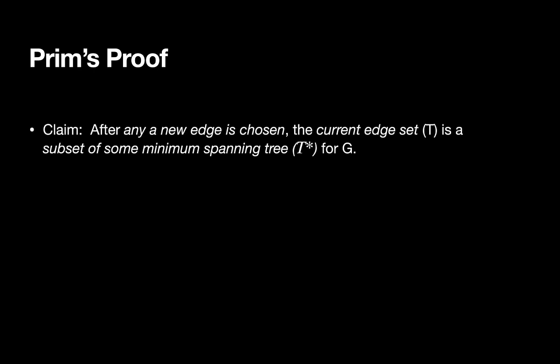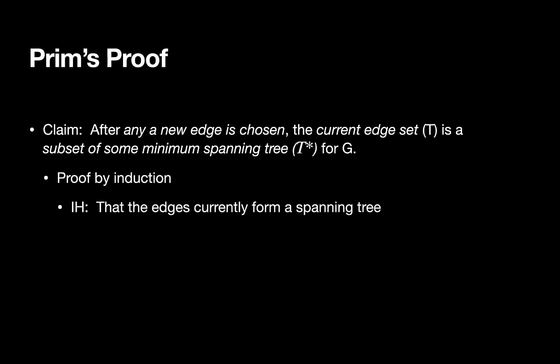You can kind of think of our progress as continually adding edge after edge. So we'll do a proof by induction where basically we'll be thinking about this process of continually adding edges. We're going to be doing induction on the number of edges. Our induction hypothesis is that the edges that we currently have already form a spanning tree, and we're going to think about what happens as we add an additional edge.